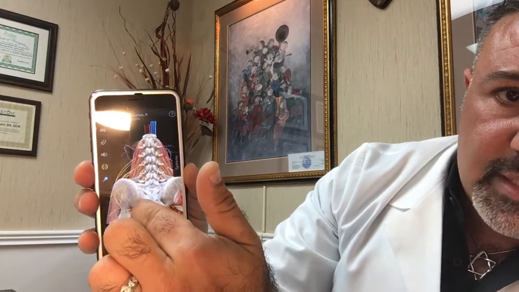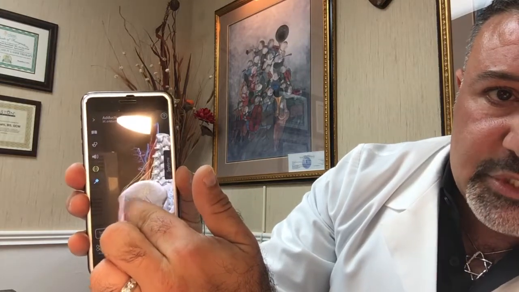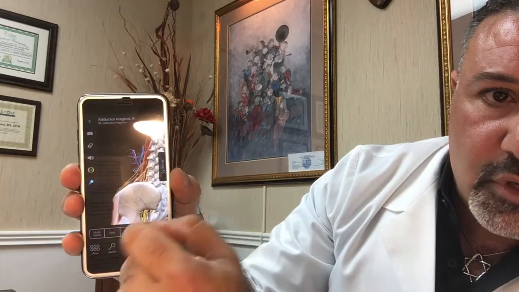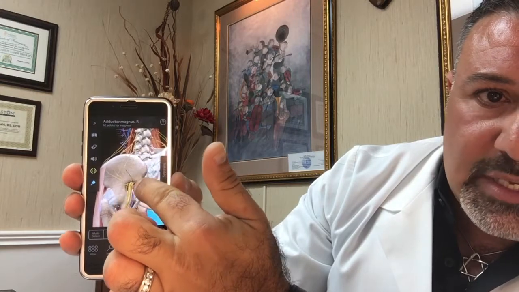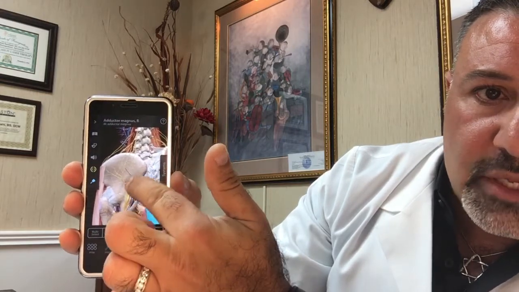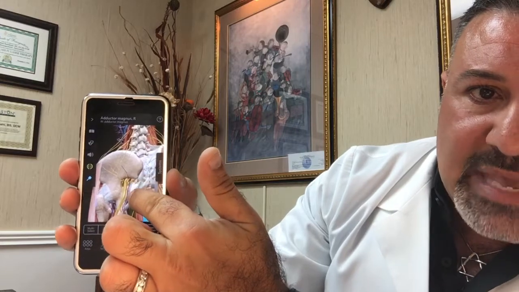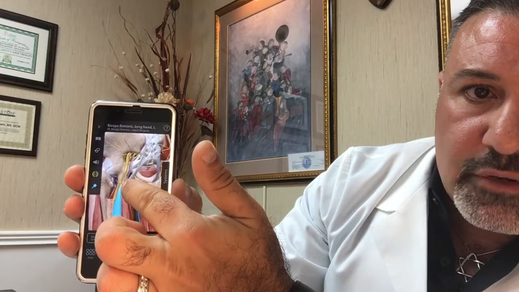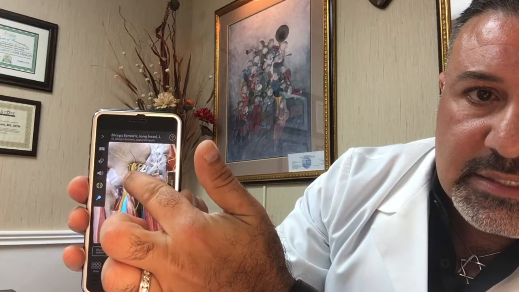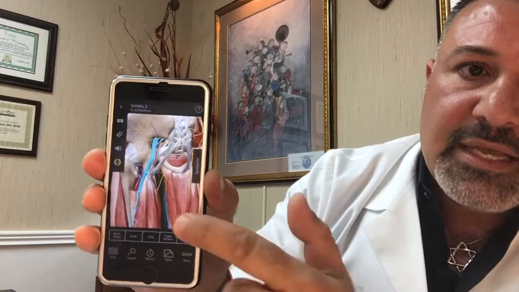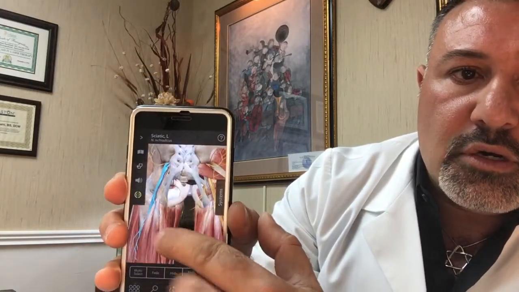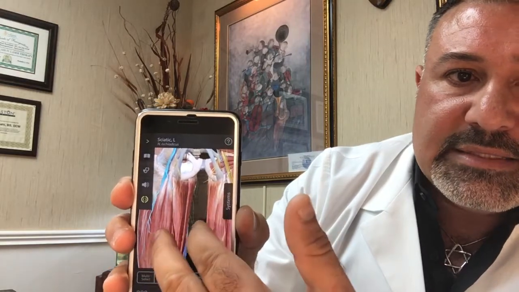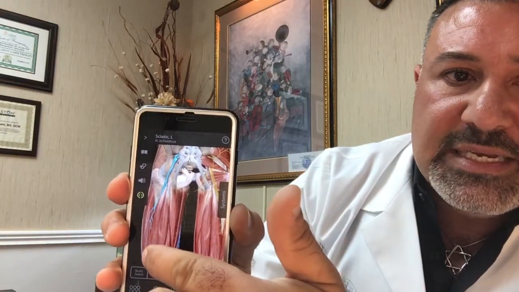When they come into the gluteal region, they make up the biggest nerve of our body, the sciatic nerve. The sciatic nerve goes directly posterior to our thigh and all the way down to the knee level.